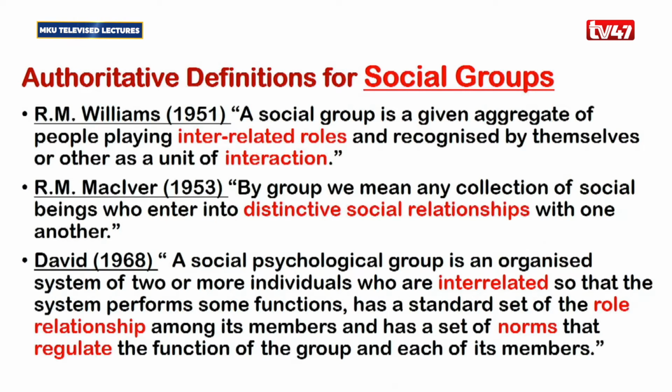Davis' definition carries a lot of information. It is a system of two or more people that are interrelated, have relationships and roles, and these roles regulate their behavior and function from a systems point of view. Good definitions of what social groups are.